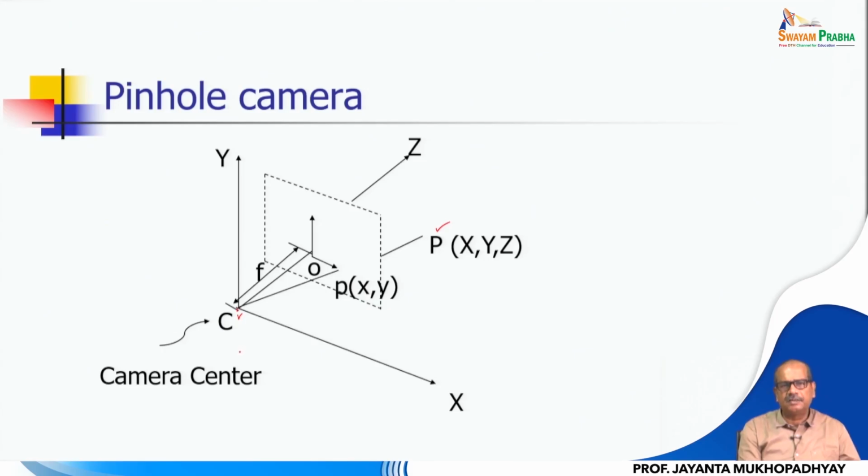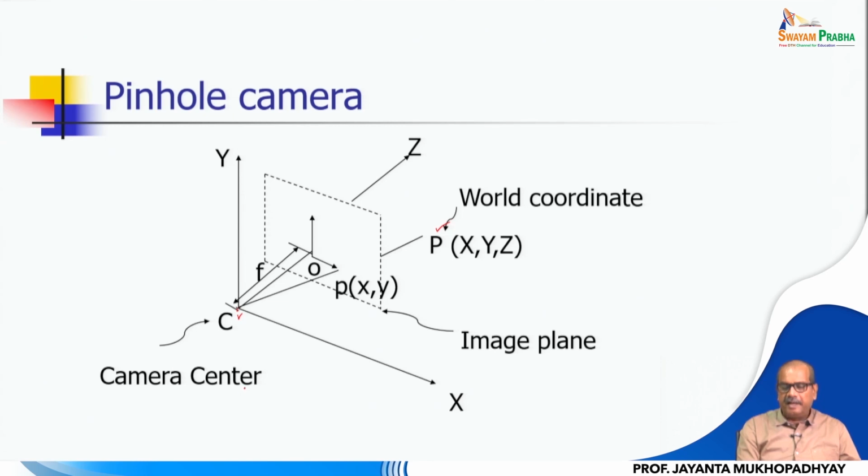Then this plane, as I mentioned already, is the image plane, and the three-dimensional coordinate space is called the world coordinate space, so the coordinates of the three-dimensional points are known as world coordinate points. Similarly, the two-dimensional coordinates of the image point are called image coordinates, and it has its own convention.